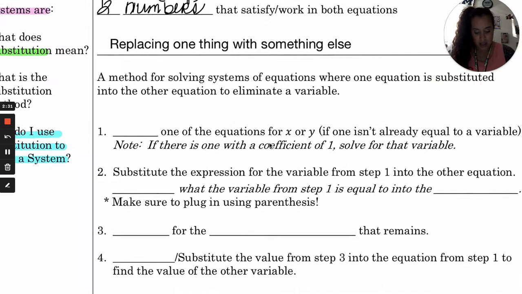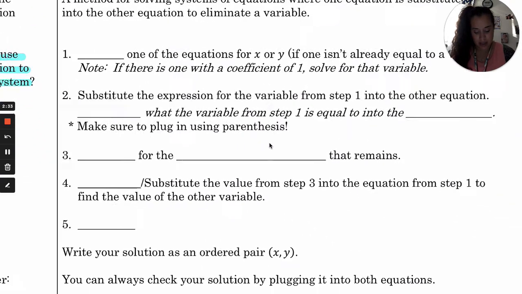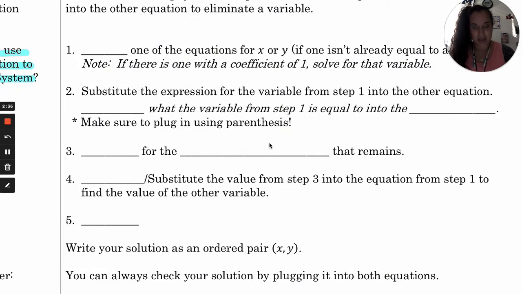We're going to go through these steps real quick, and I'm going to probably end up typing because I can't really write.